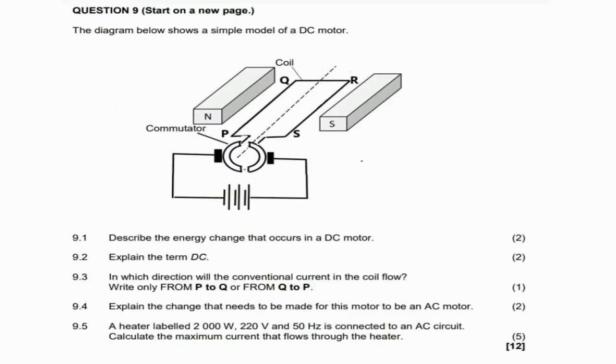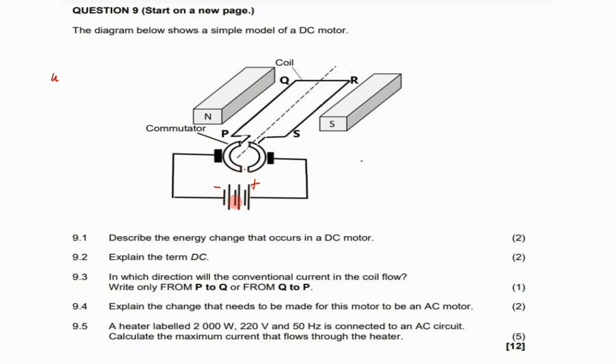Then 9.3 says in which direction. So it's asking us in which direction will the conventional current in the coil flow, right? Only from P to Q or from Q to P. So having this, we can see that this one here, remember, from our electricity, we know that the longer terminal here represents the positive and the shorter terminal represents the negative.